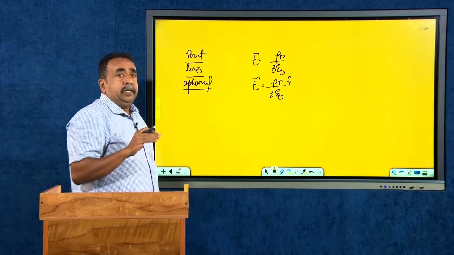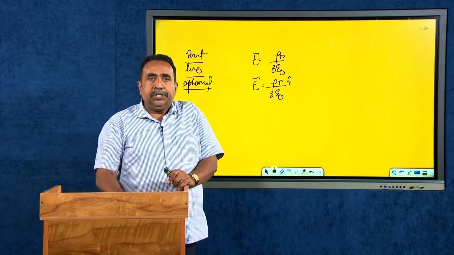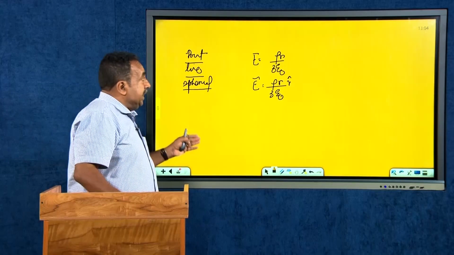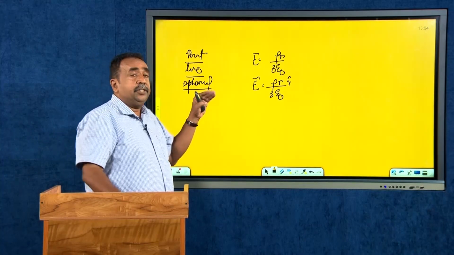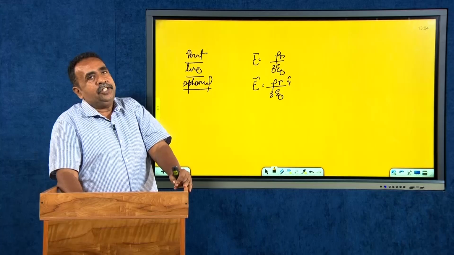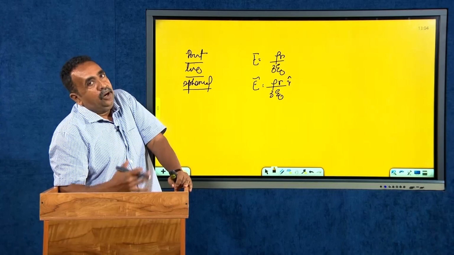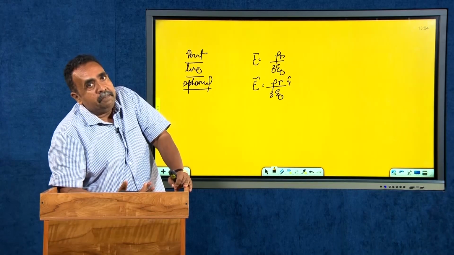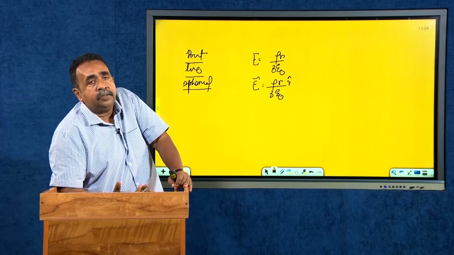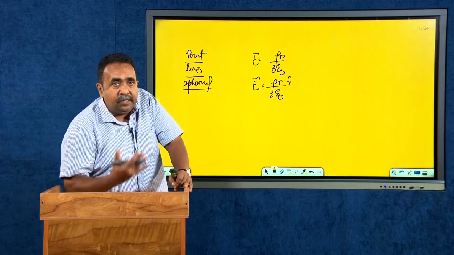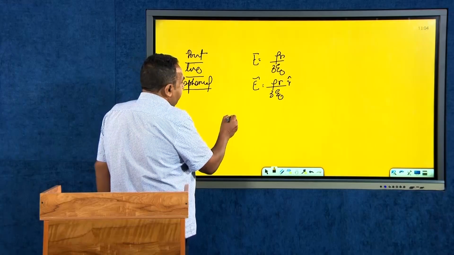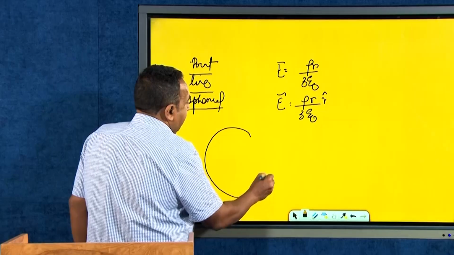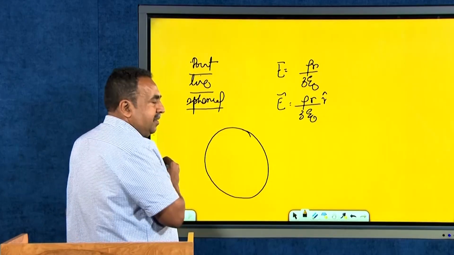Now, the next case is, what I have taken is a spherical charge distribution which is a non-conducting one. Now, what will happen if it is a metallic conductor, if that sphere is a solid metal, and I try to deposit charges on it.